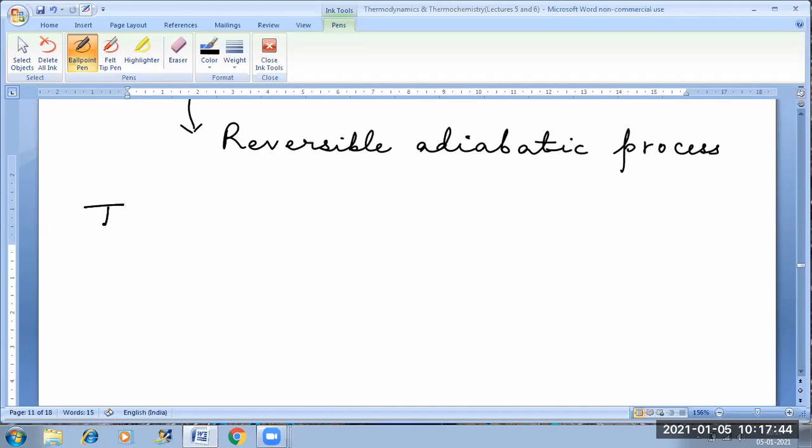Coming to the irreversible isothermal process.